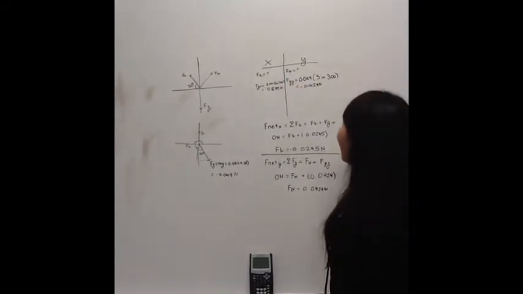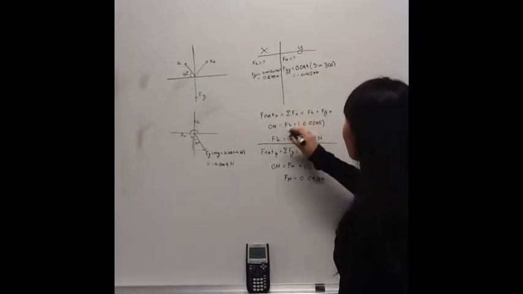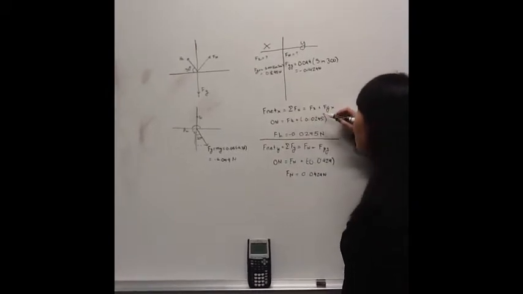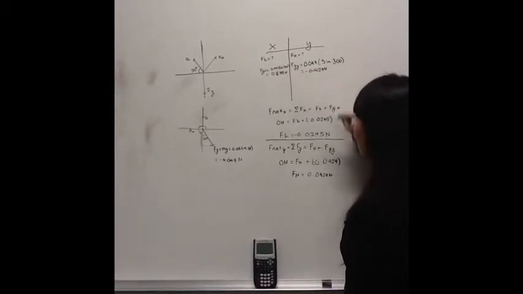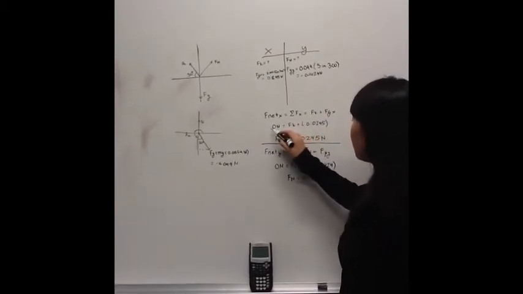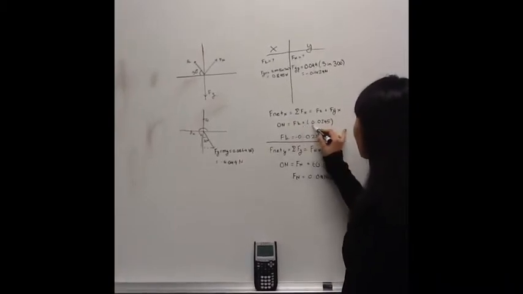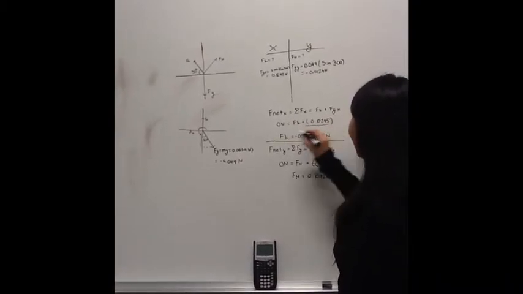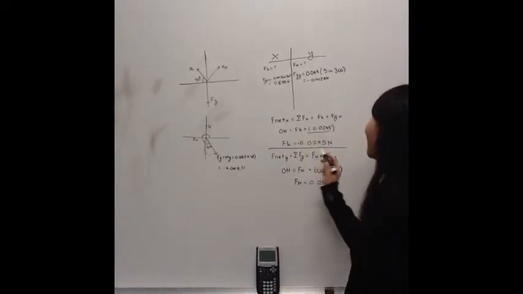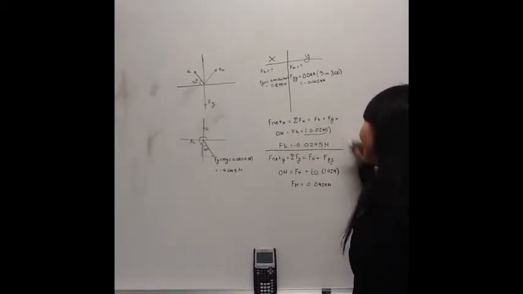0.0424 newtons. And then you find the net force in the x direction, which is the friction plus the force of gravity in the x direction, which is 0.0245, and then you set it equal to 0, and then you subtract the force of gravity from this side to that side, and you get the kinetic friction equals negative 0.0245 newtons.